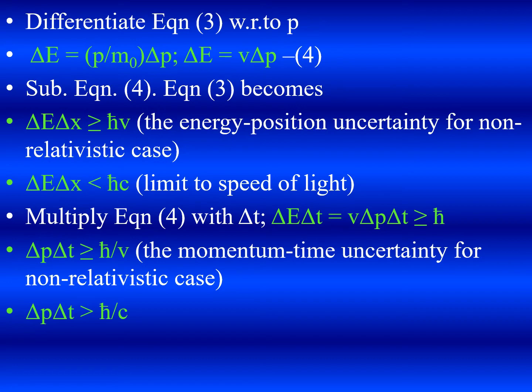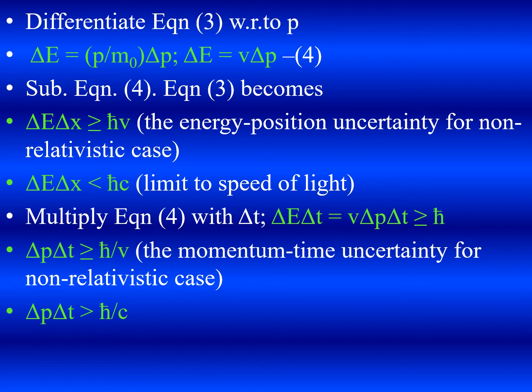So this is now in terms of energy and position. This is for the non-relativistic case. If you consider the relativistic case, then it is h cross c. Now you multiply equation 4 with delta t, then delta E into delta t is equal to v delta P into delta t, which is greater than or equal to h cross.